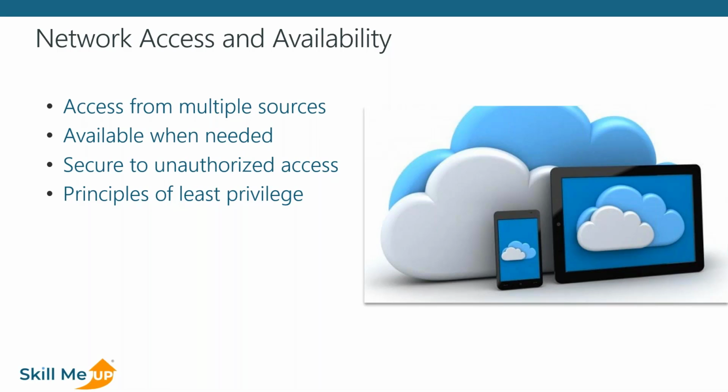But the organization must protect from unauthorized access to data. And we'll talk about many of those services as we go through this presentation. And the network controls that are in place must be architected to protect that data and maintain that accessibility to the users as needed. And that's what we'll address as we go through here.